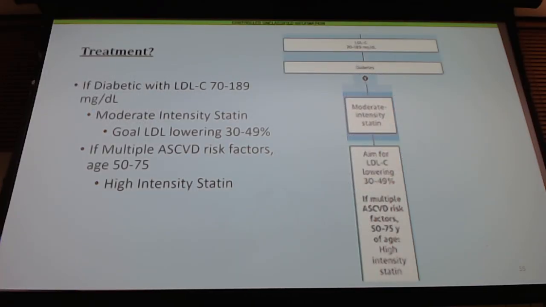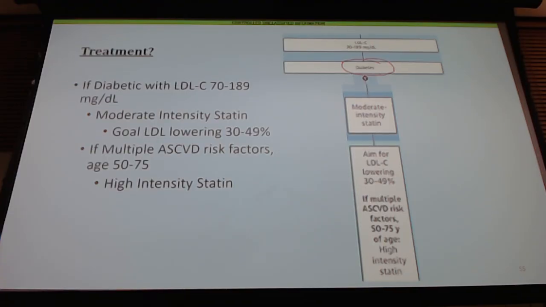So that's your extremes of the primary prevention. Now, the next step is if you're in that 70 to 189 range, so that borderline range, the next question you have to ask yourself is, according to the algorithm, do they have diabetes?